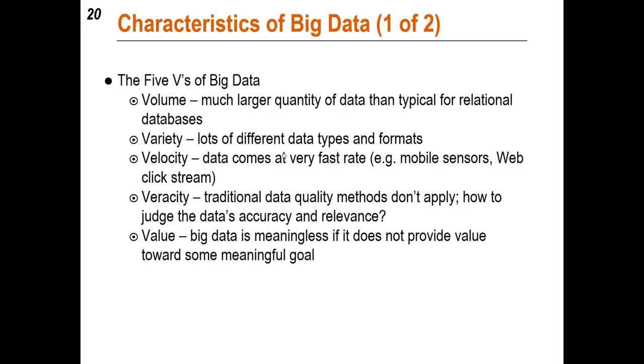Unlike in a normal transaction, where we know exactly what kind of information is going on, now we have variety, because we don't know exactly where the data is generated. So whatever comes into play, we need to capture and record. That is what we mean by variety.